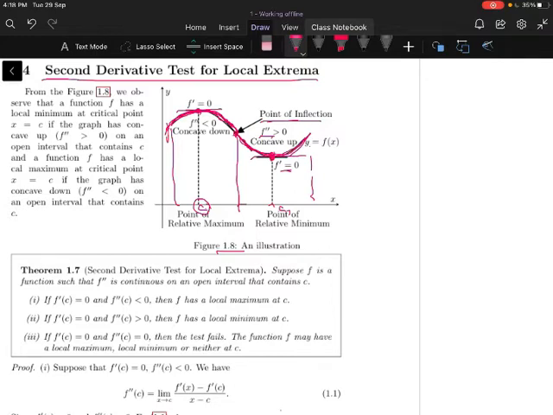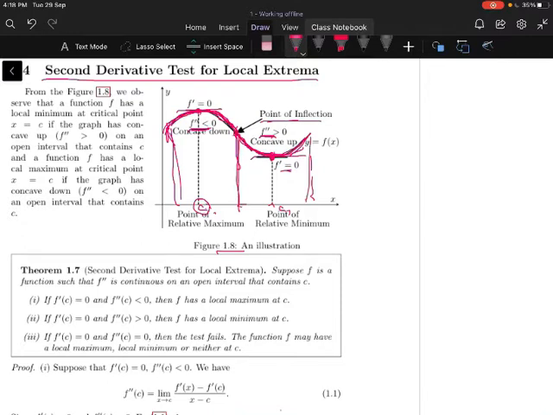So now let us move to the second derivative test. We can observe that for this interval f double dash of x is negative at x equal to c, therefore the function has a local maximum value at x equal to c.